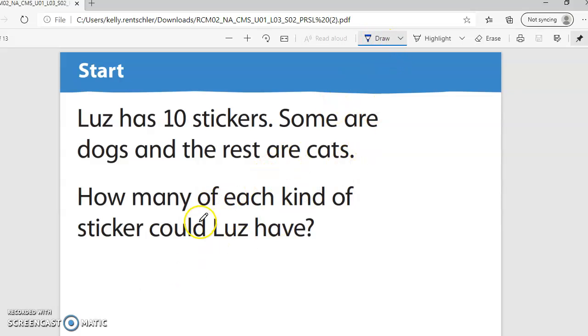We can do... well, we can't do 0 because he said some are dogs and the rest are cats. So he does have some of both. So that takes away the 0 option. So there's 1 plus 9 equals 10.